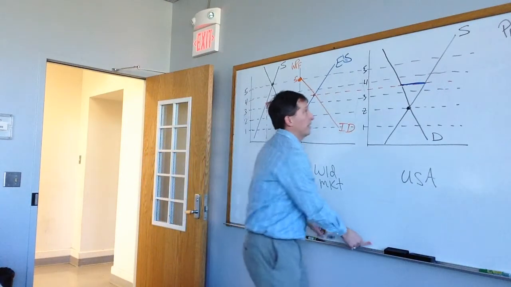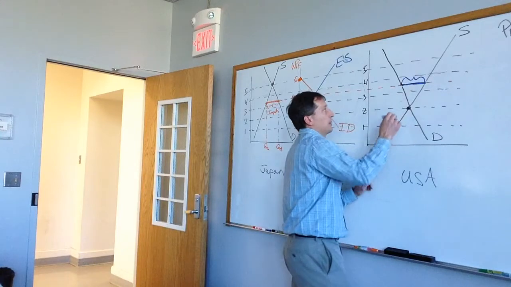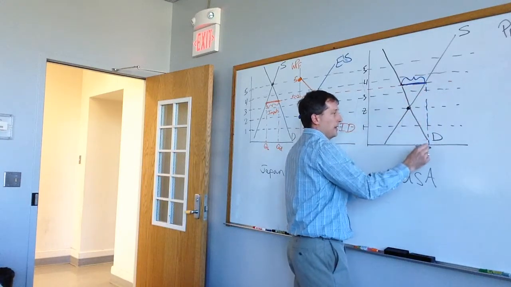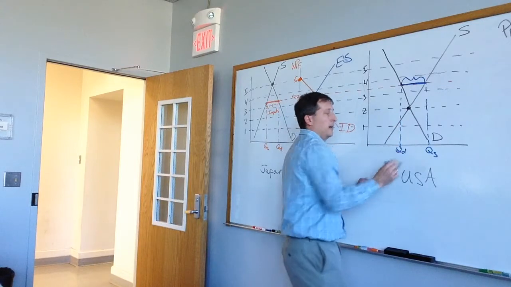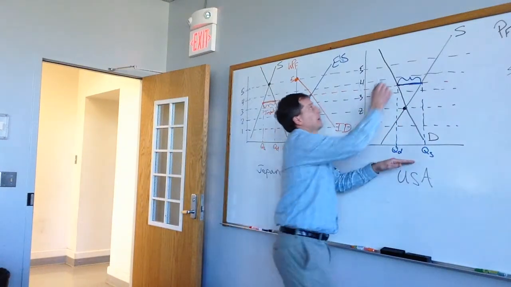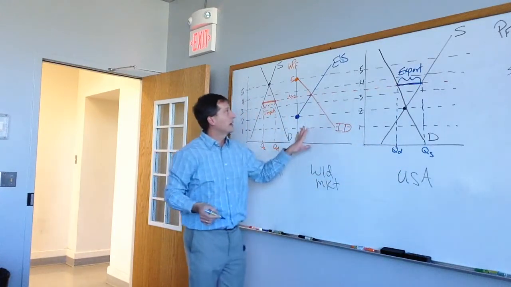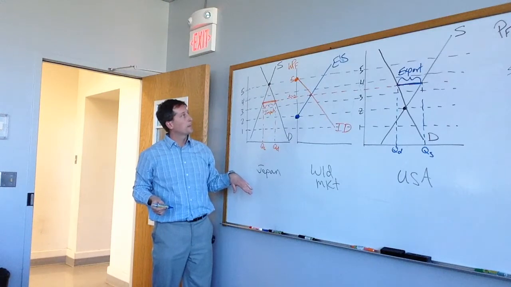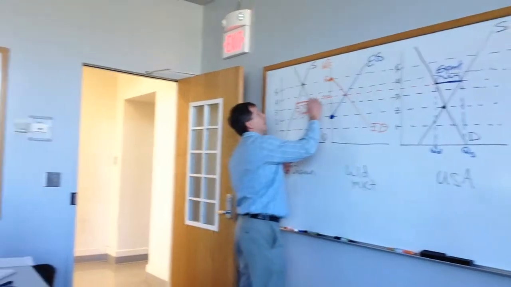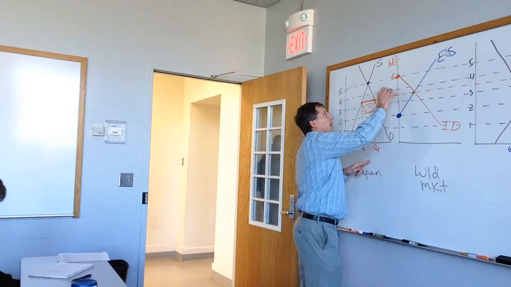And over here, in the United States, what used to be a surplus, because the quantity supplied exceeds the quantity demanded, those producers are now able to export their product to the rest of the world. And this is the equilibrium world price of food.